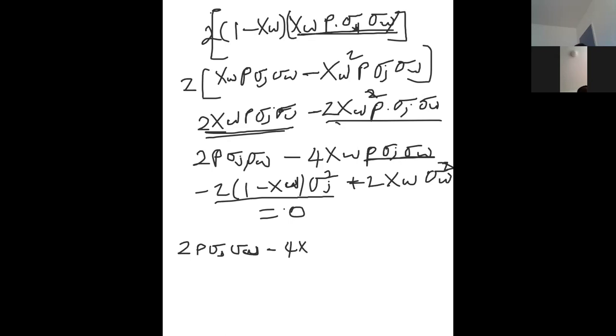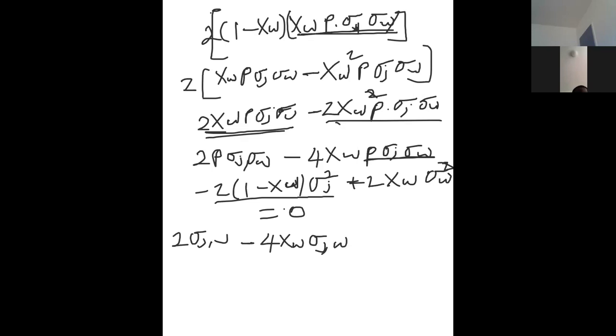Yes, they are the same. So that it will be quite easier for us. The first component becomes 2 covariance between J and W minus 4 XW covariance between J and W.